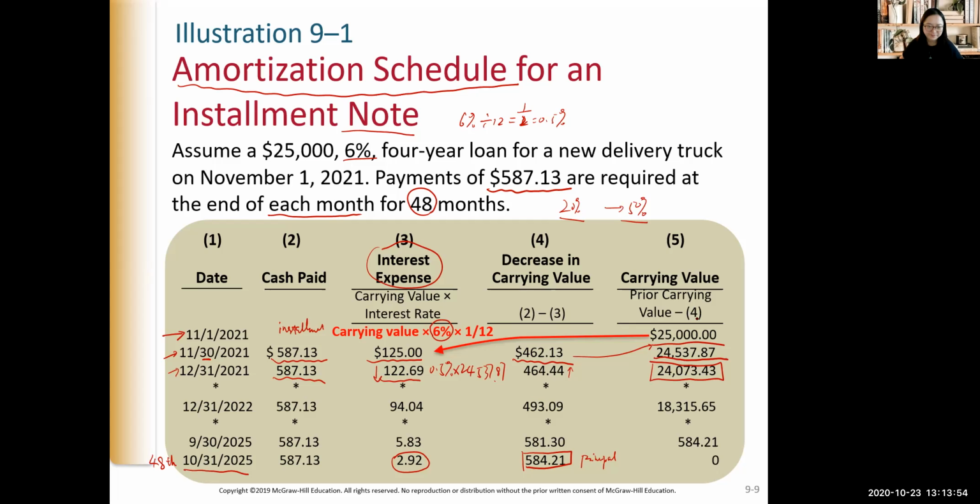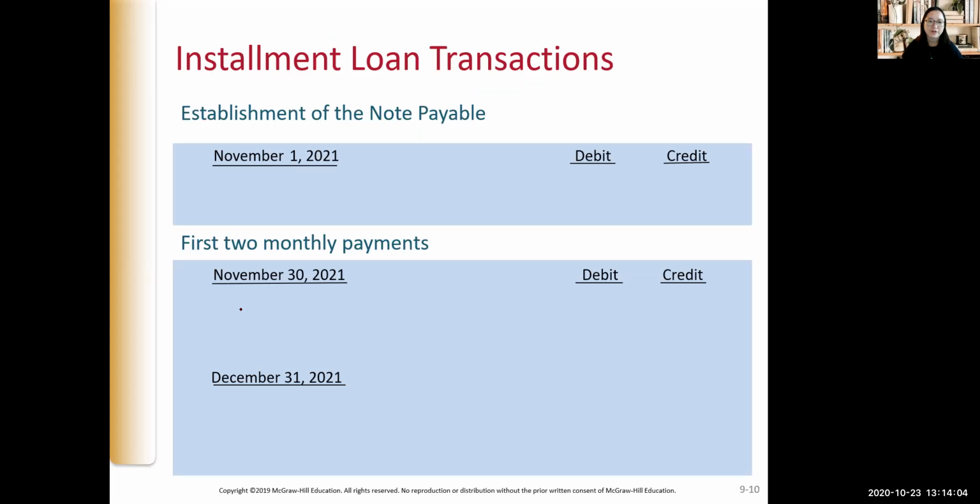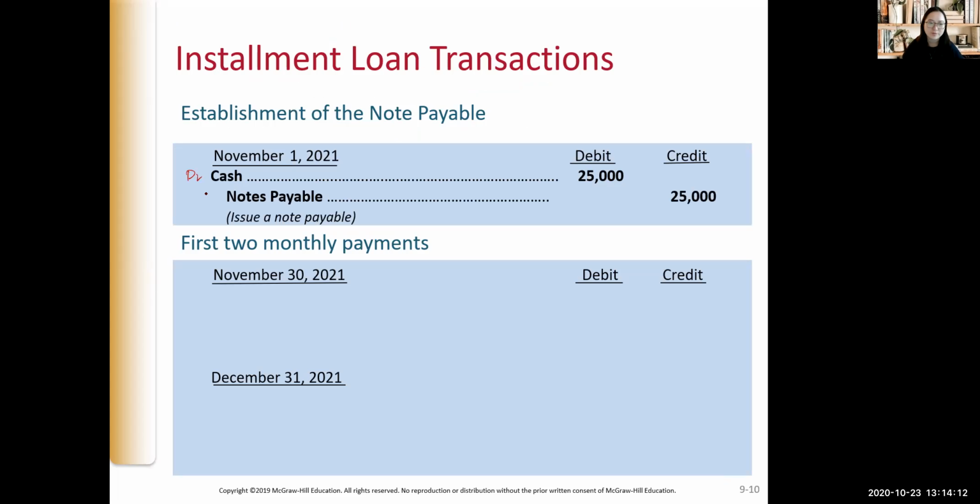Okay, so how do we journal entry this? Let's say how do we journal entry the initiation of the notes payable. For initiation, of course, you debit cash because the bank gives you $25,000. They approved your loan, and you credit notes payable for $25,000. For the first month, which is November 30th, 2021, you first need to debit the interest expense by using the outstanding balance multiplied by the yearly interest rate, and multiplied by 1/12 because it's a monthly payment, right?